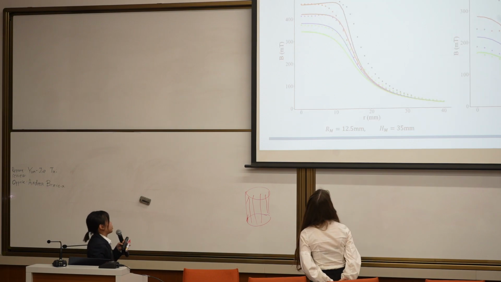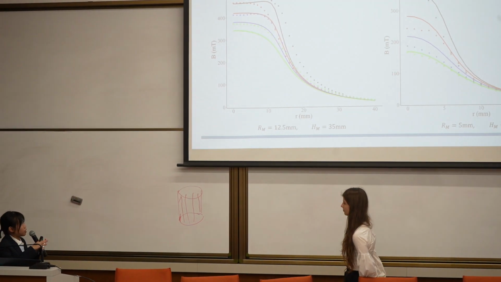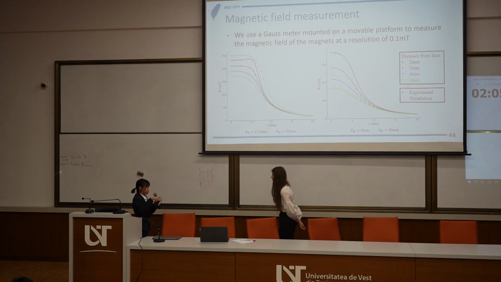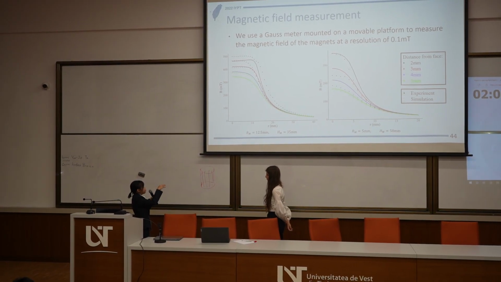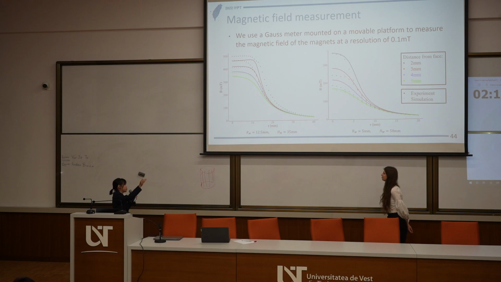As you can see on the slide, we used a movable probe and kept the magnet in the same place, and we measured the magnetic field, fitted a line to our data, and put it into our calculation to get the second simulation that we have for the dent.